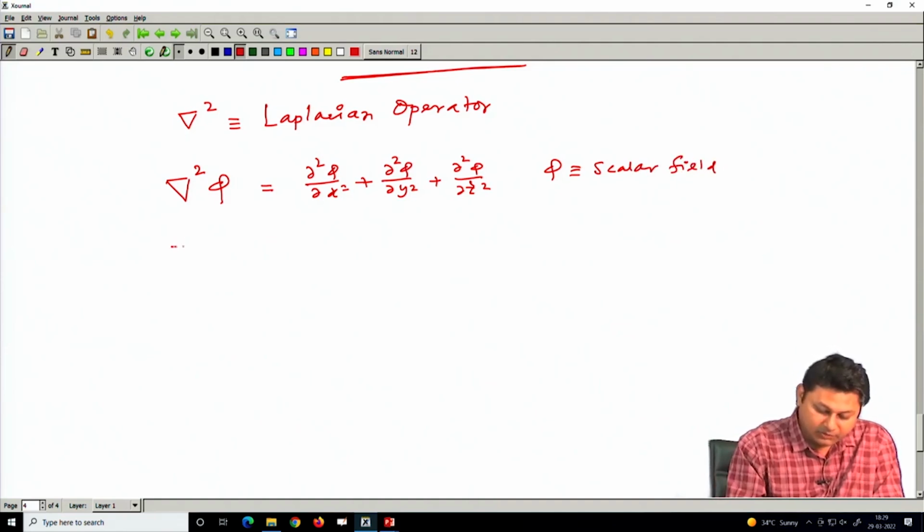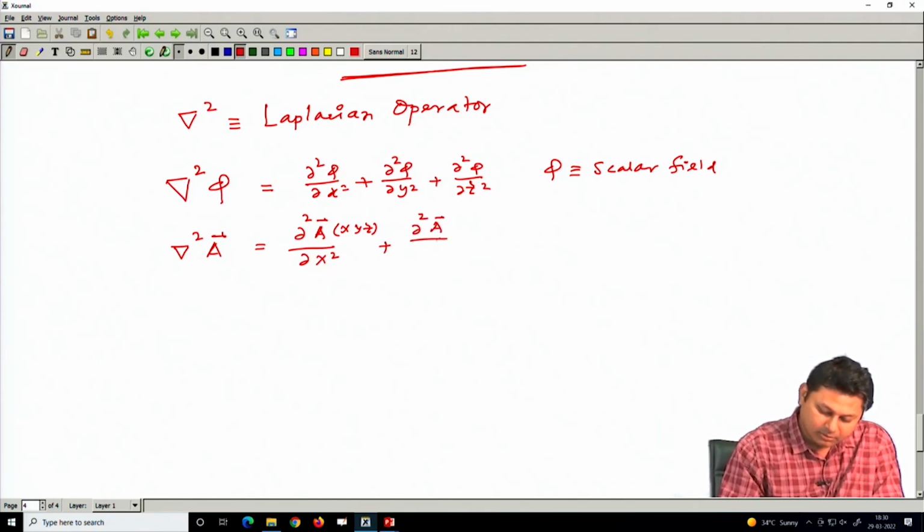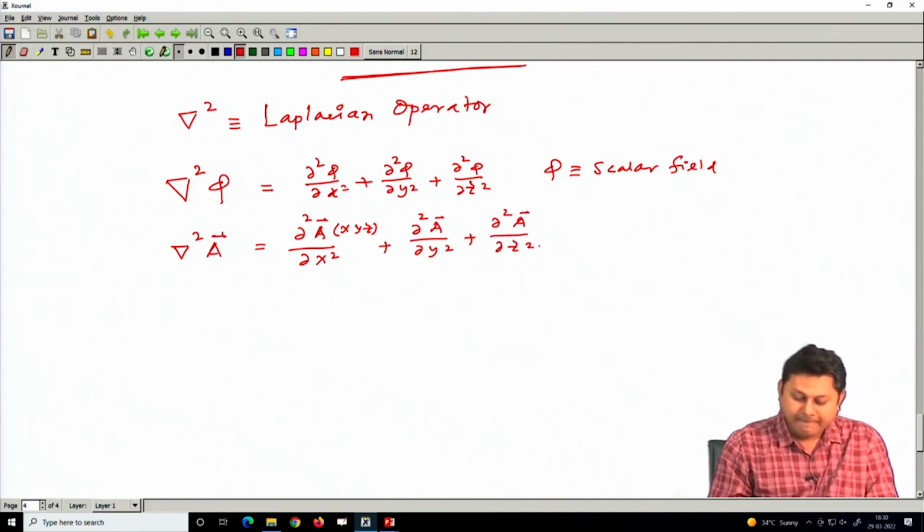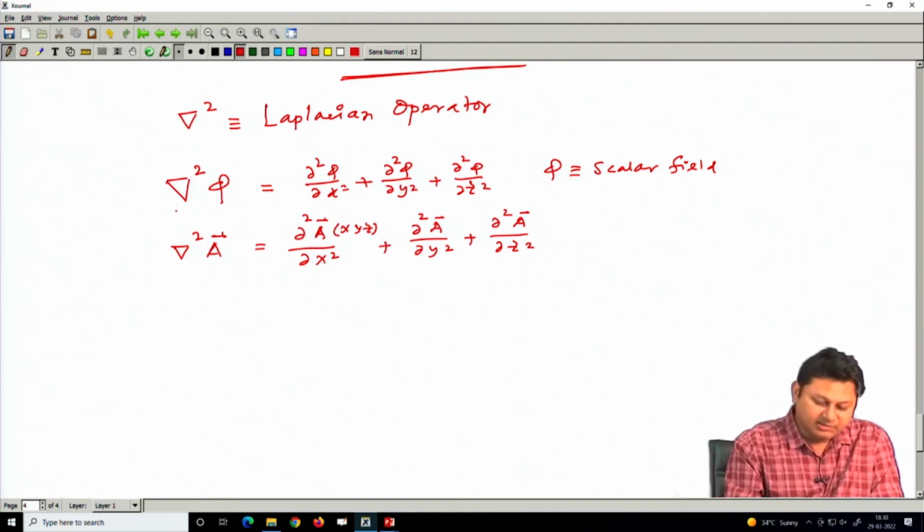But this operator can also operate over a vector field A, which is a function of x, y, z. Now, this is a scalar operator, mind it.